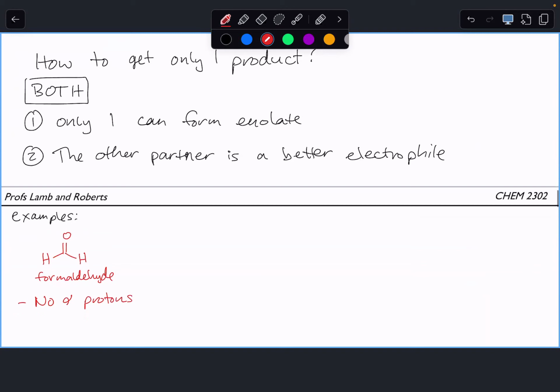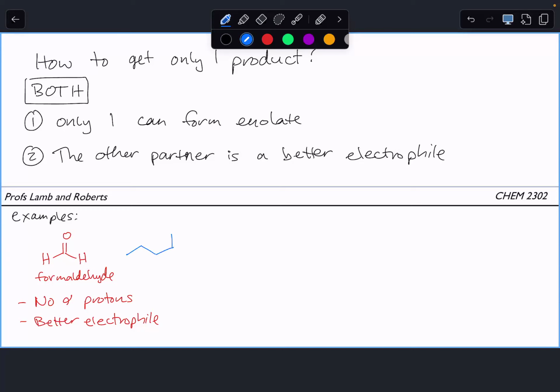Formaldehyde is also a better electrophile than other aldehydes, because there are no alkyl substituents, no electron donating groups. It's quite electrophilic. So formaldehyde is a very good partner for mixed aldehydes.